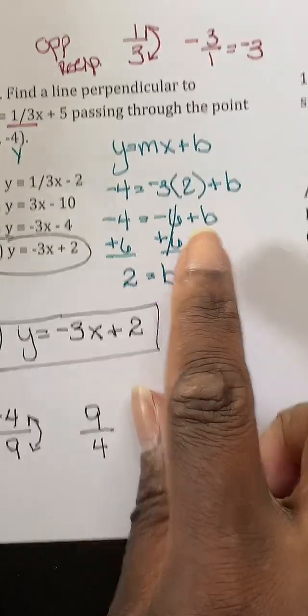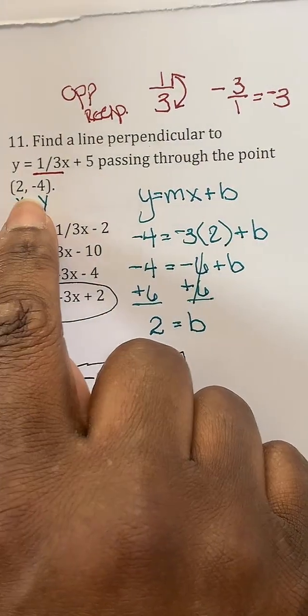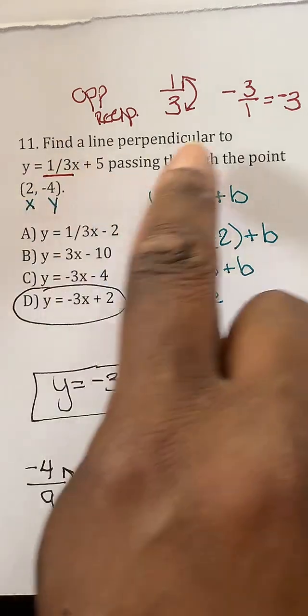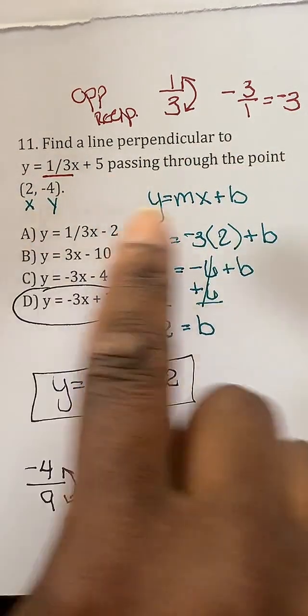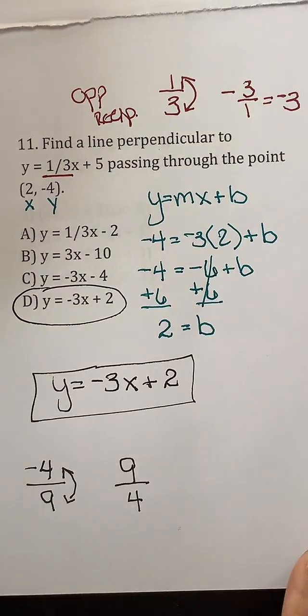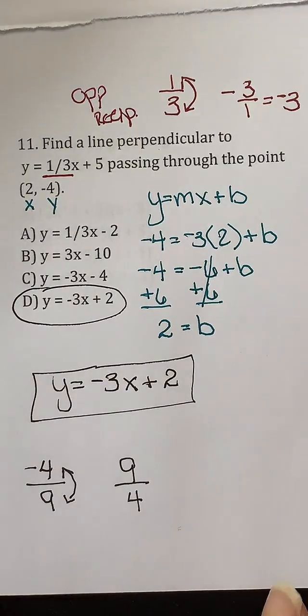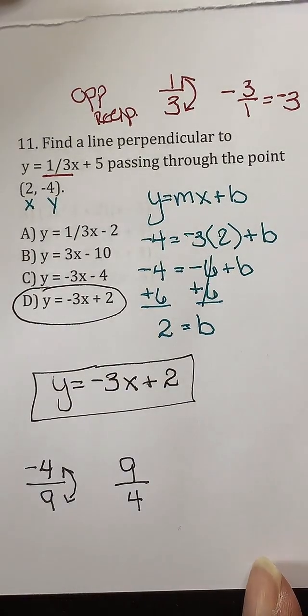And then, since we're crossing over this certain point, then we're going to use this point and the opposite reciprocal of the slope to find our new y-intercept. Okay. All right, good. Okay. Yes, no problem. Not a problem.